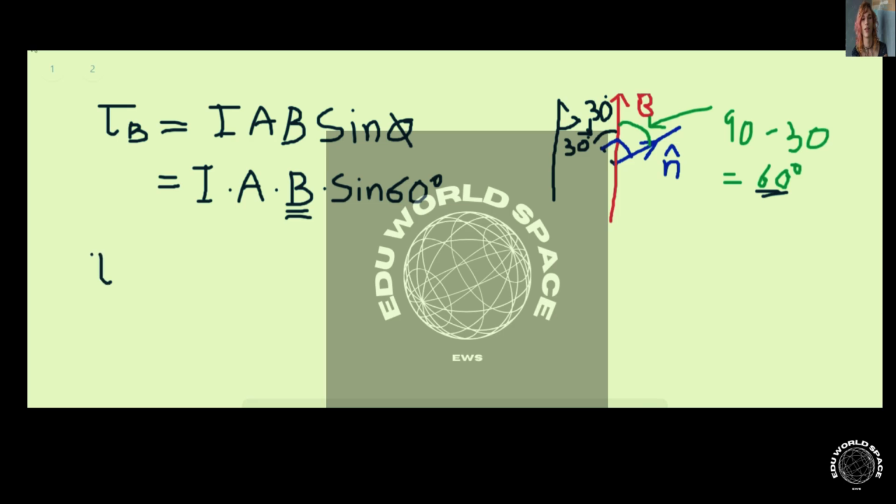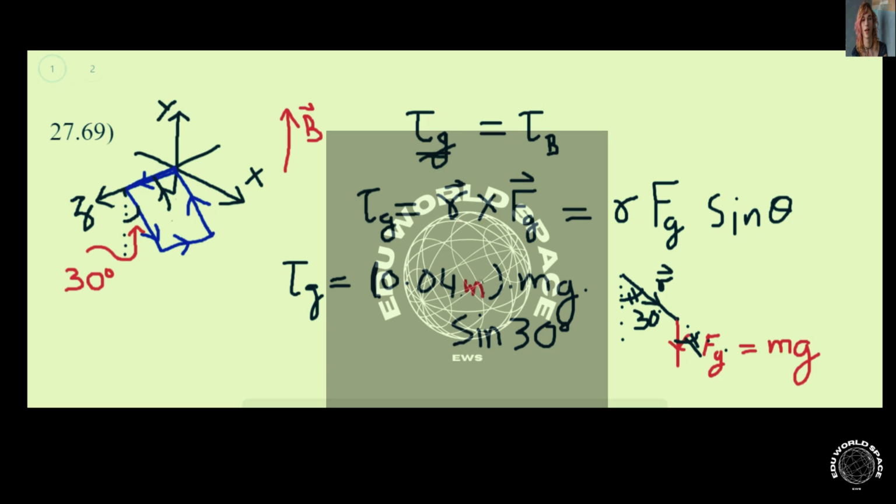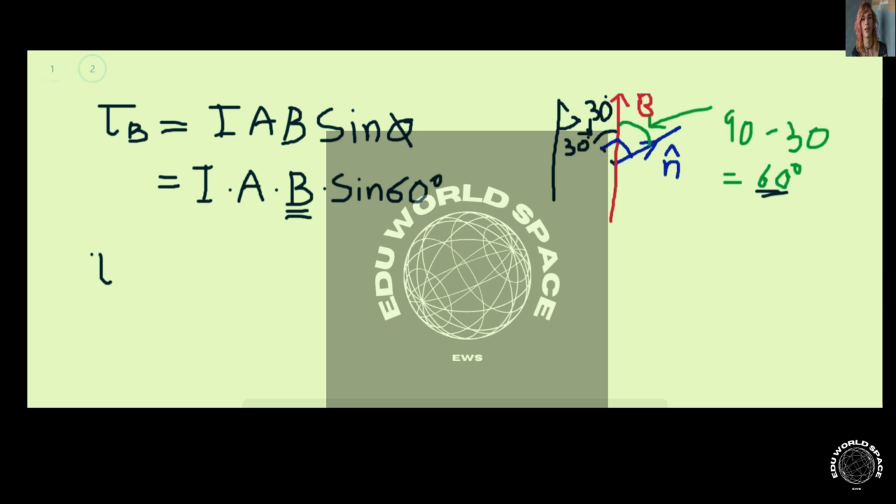So as I said before, I want to equate the torque due to gravity to the torque due to the magnetic field. Let's write that out. Torque due to gravity equals the torque due to the magnetic field. And so the torque due to gravity, that's what we just found earlier.